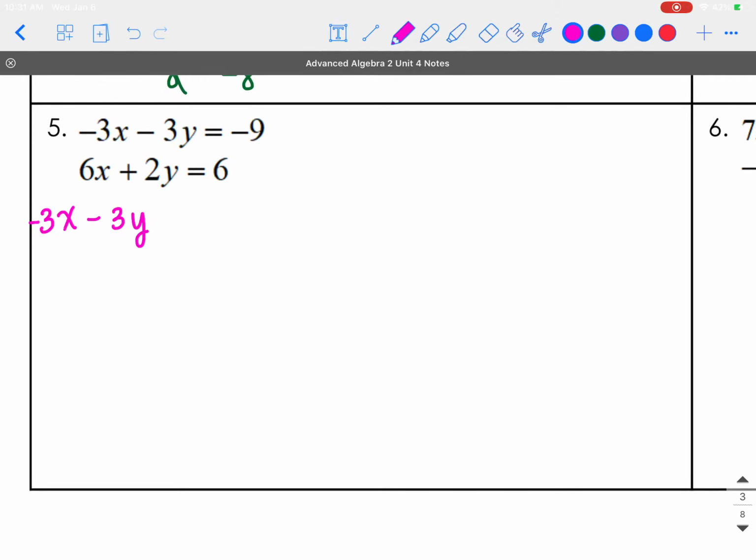-3x minus 3y equals -9. And really, either one of these, I could get the x by itself or the y by itself. I'm going to guess that most of you got the y by itself, so that's the way I'm going to go. So I'm going to add 3x to both sides.